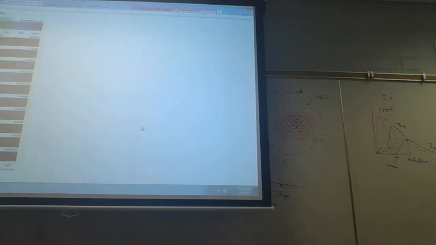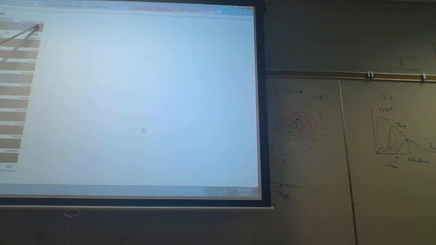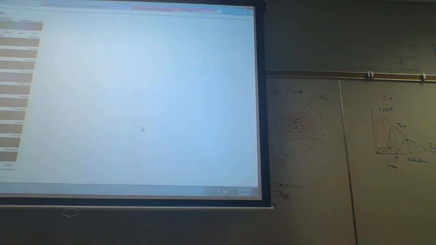Here's a continuous spectrum with an incandescent lamp, and this would be just tungsten metal. If we look at the spectrum for tungsten metal, what would the tungsten atom spectrum look like? Would it also emit a rainbow of colors?